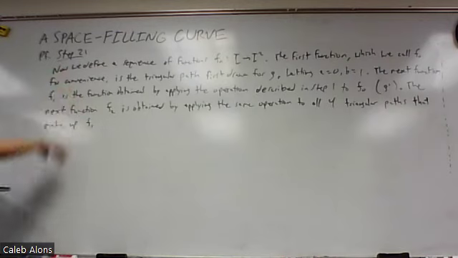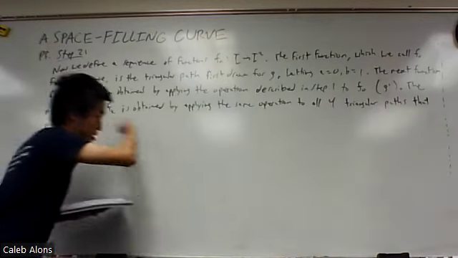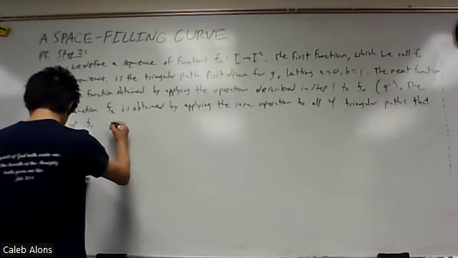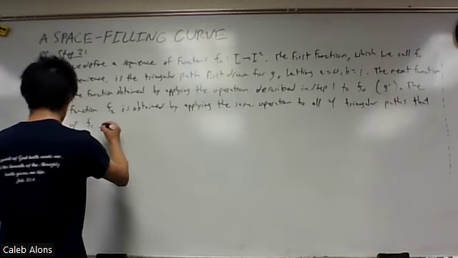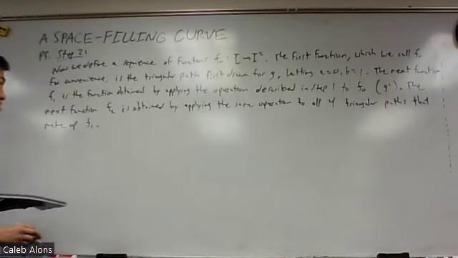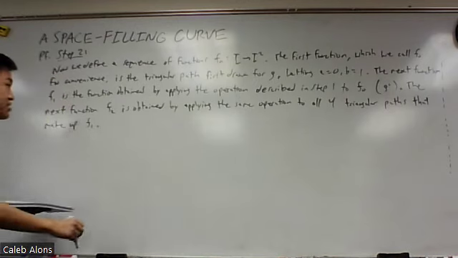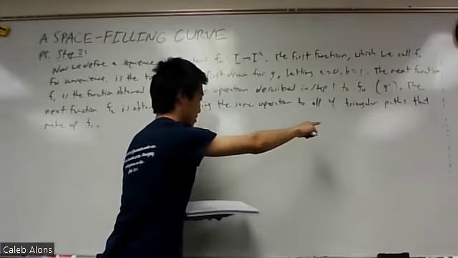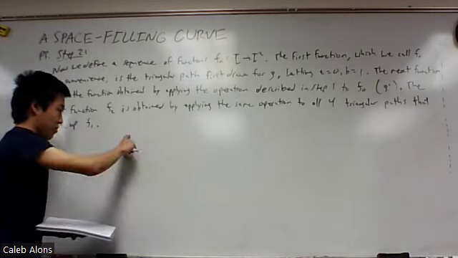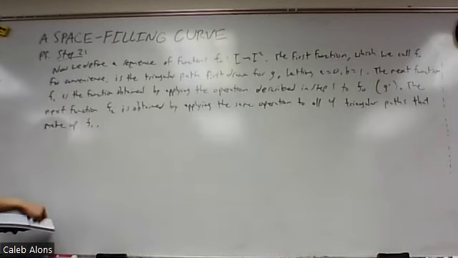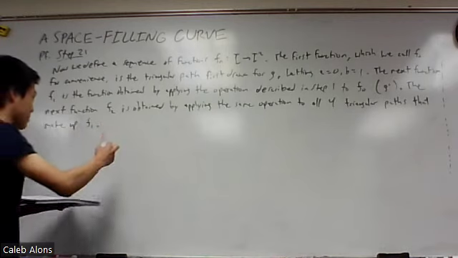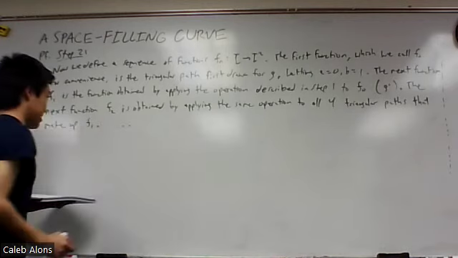I'll draw out all the progress of how it expands. You got F1. You can probably guess what's going to happen to F3: we've done four triangular paths, and then every single one of those four turns into four more. So 4 times 4, there will be 16 times that we'll have to do for F3. So this just continues.